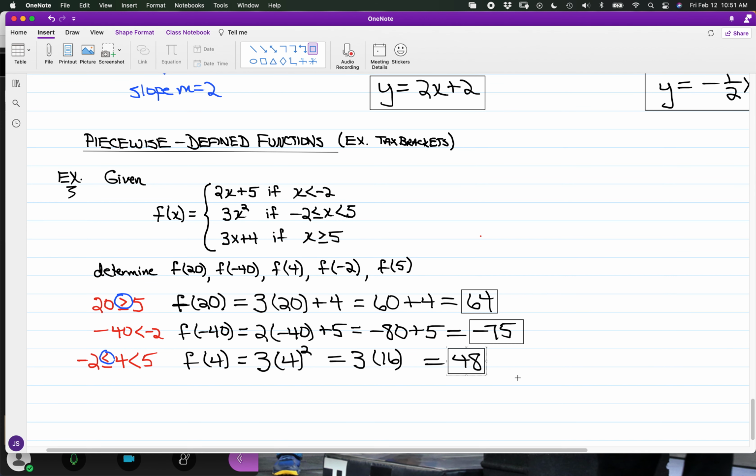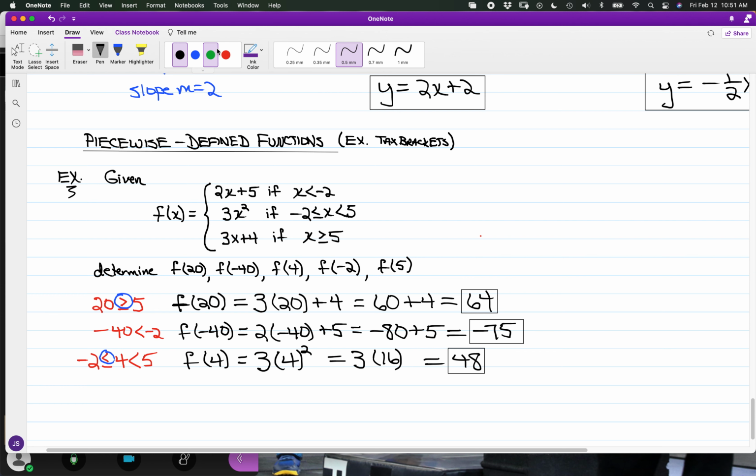All right. Now in the last two cases, for f of negative 2 and f of 5, notice that both negative 2 and 5 are specified values among the inequalities. So for where negative 2 goes, the first statement, if I envision x at negative 2, to say negative 2 is less than negative 2, that's a false statement. Now with negative 2 again at x, if I have negative 2 is less than or equal to x, negative 2 cannot be less than itself, but it is equal to itself. And in turn negative 2 is less than 5, and that is going to be true.